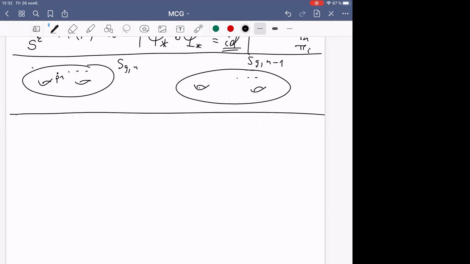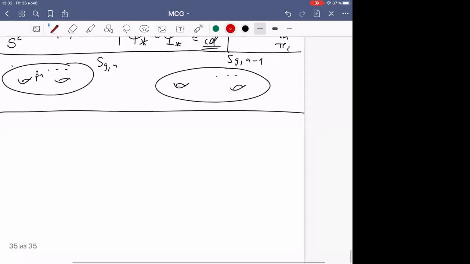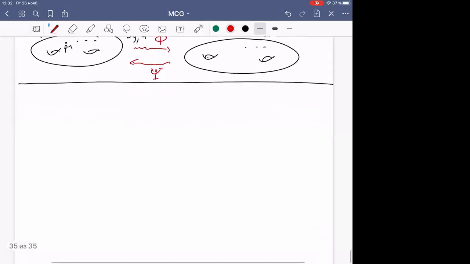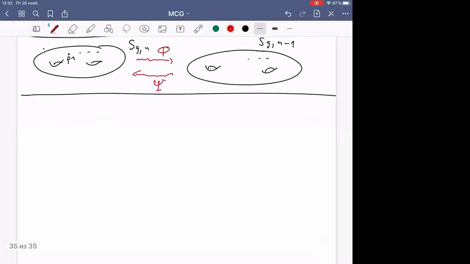And between this, these are not maps between surfaces, these are maps between complexes, but I still draw it like that. Okay, and so we have these vertices represented by certain geodesics.